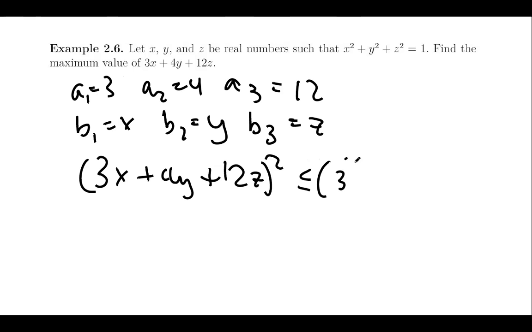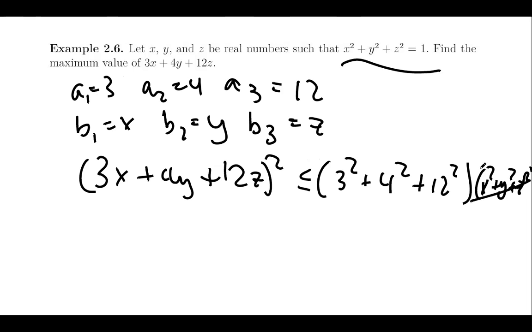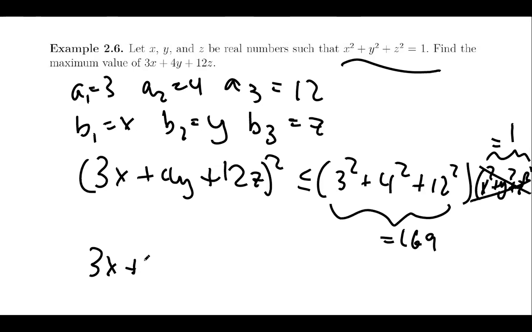So that would be 3 squared plus 4 squared plus 12 squared, times x squared plus y squared plus z squared. However, we know that this is true, so we can get rid of this because it equals 1. Now we're left with just this, which equals 169. If we take the square root of both sides, we get that 3x plus 4y plus 12z is less than or equal to 13.